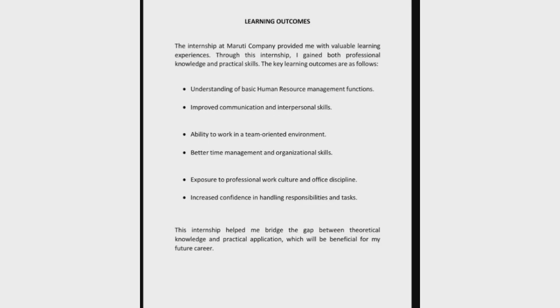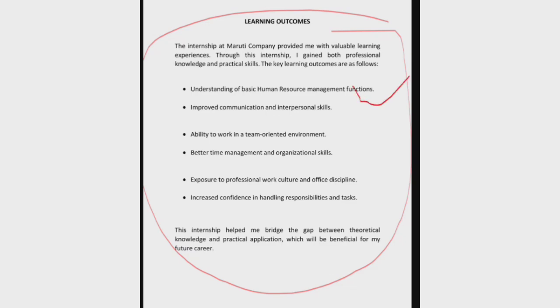So you can write your learning outcomes. You can write like this: the internship at Maruti company provided me with a valuable learning experience. Through this internship, I gained both professional knowledge and practical skills. The key learning outcomes are as follows. The first is understanding basic human resource management functions. You can learn about your work function.